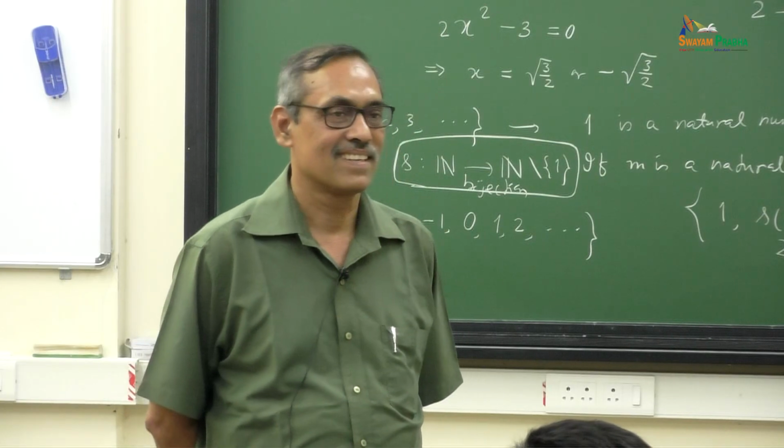Tell it. Listen. For every element in the first set, that is the domain, you have a unique image for that. So one pre-image is connected only to one image. That is one-to-one. And onto is every element in the second set, that is the range. Range should be equal to the codomain, such that every image is associated to some pre-image.